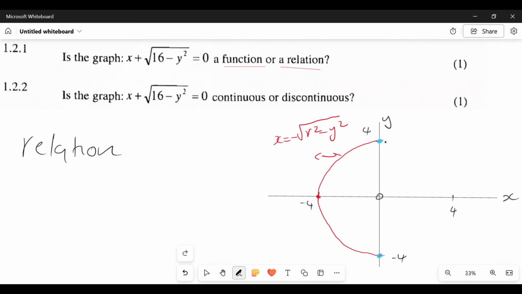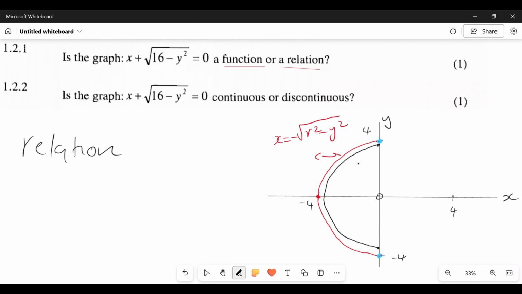Continuous, guys, is when you can draw a graph without breaking a line or lifting a hand. I'll make an example with the graph that we have here. As you can see, can we draw this graph without breaking a line or lifting a hand? You can. So this graph here, we can say it's continuous.